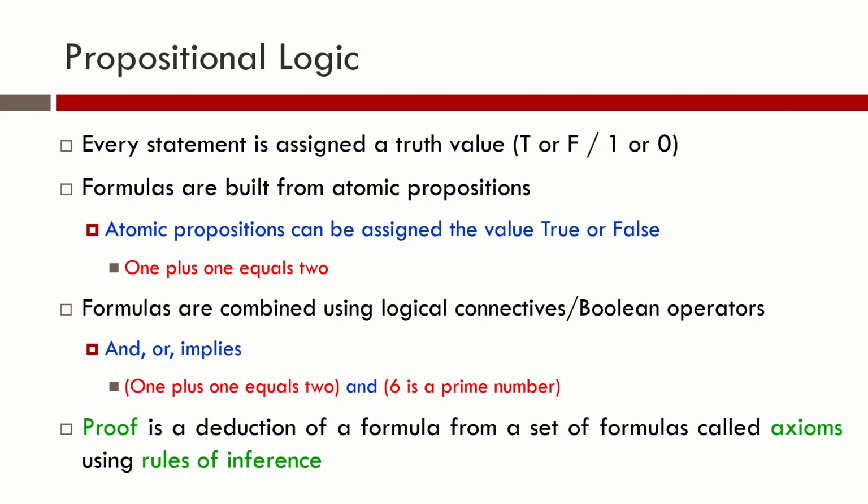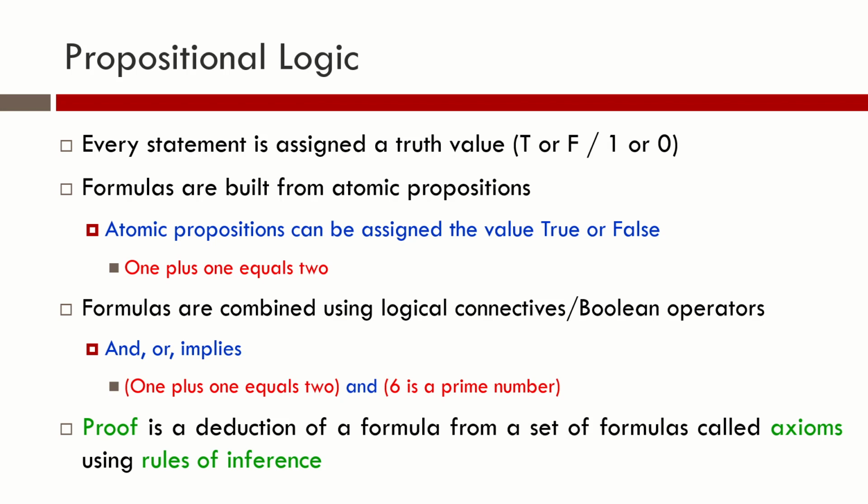And in propositional logic, the formulas are built from atomic propositions. So we will have atomic propositions, and we join these atomic propositions using logical connectives or Boolean operators to get a formula. Atomic propositions can be assigned one of the truth values.